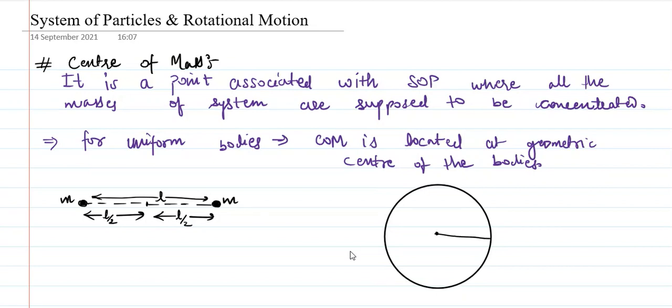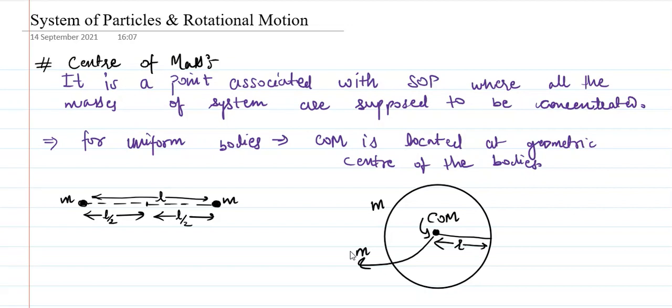At a distance r from the center, it is located everywhere. So it is a uniform body. So we can assume that center of mass will be located at the geometric center of the body. Geometric center of the body is this point, the center of the sphere. So we will assume that center of mass will be located at this point. So if the mass of the sphere is m, we can assume that the total mass of the sphere is concentrated at this position.